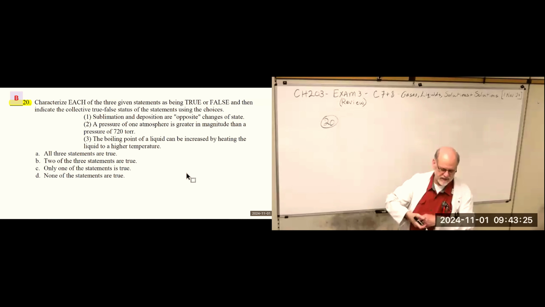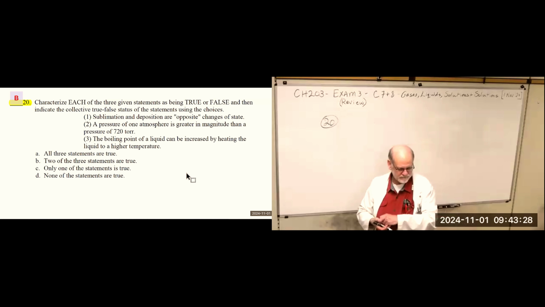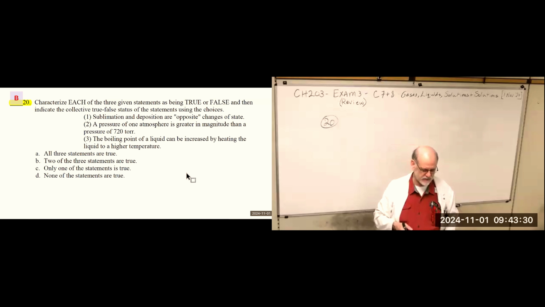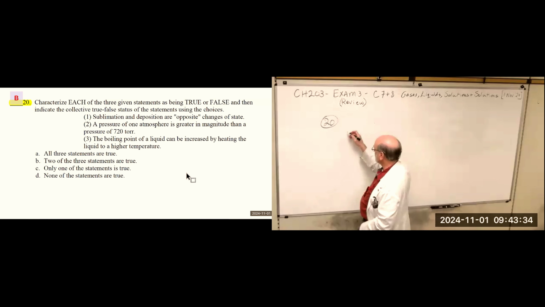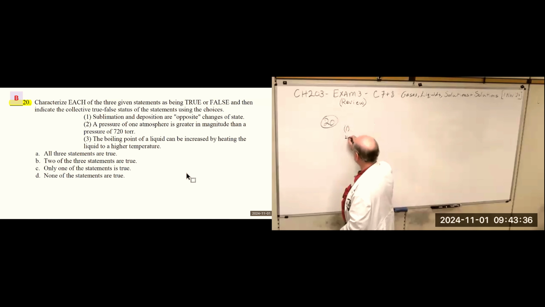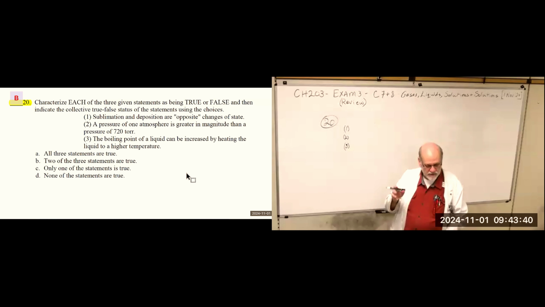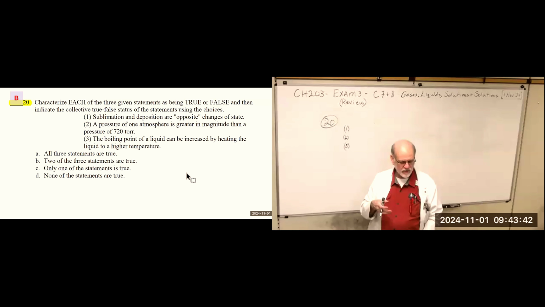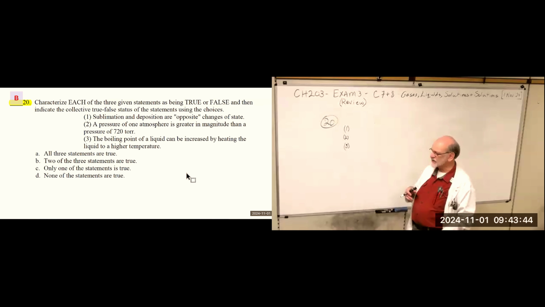Characterize each of the three given statements as true or false, and then answer A, B, C, or D accordingly. All right, so we've got 1, 2, and 3. We have to decide how many of these are true. One says sublimation and deposition are opposite changes. What is sublimation?